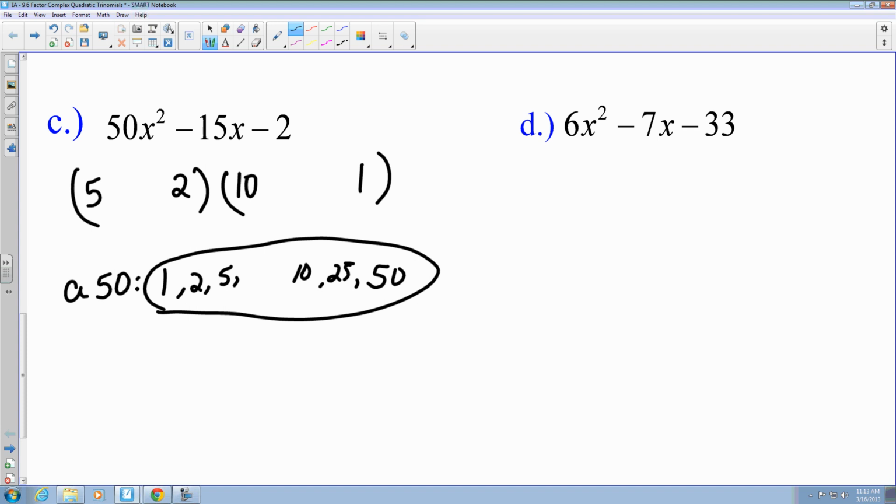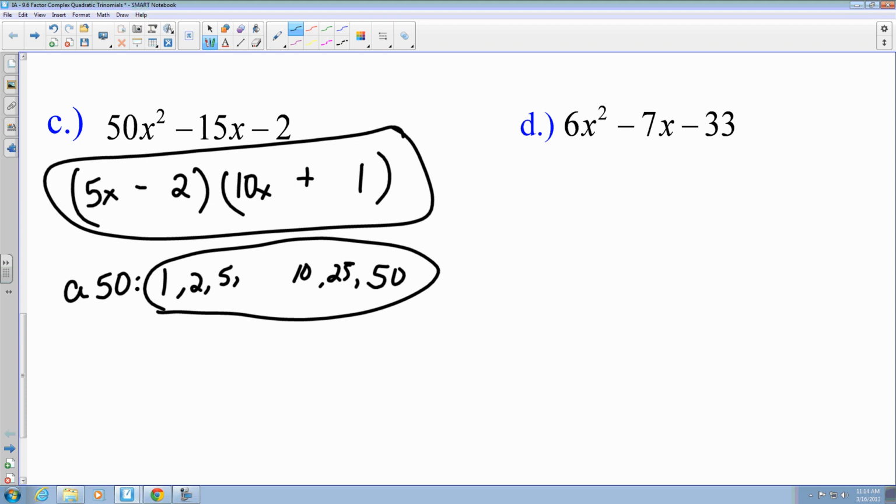Well, 20 minus 5 is 15. So I'm going to put an x here, and I need to have my larger value of those two be the minus. So I'm going to put the minus here, and then the plus here. So that is what it looks like when it's factored out. And if we FOIL this out, it should come out to be our original problem.